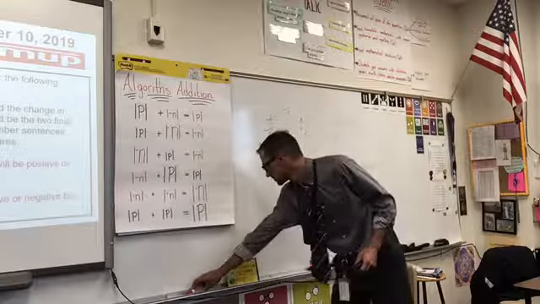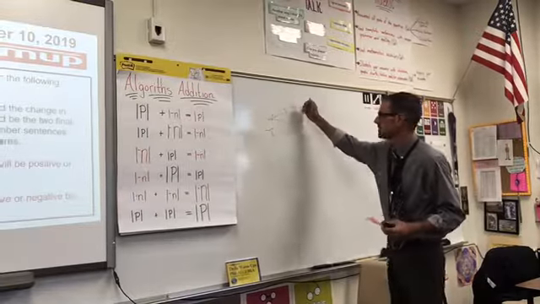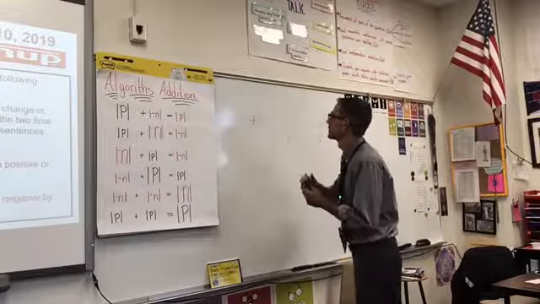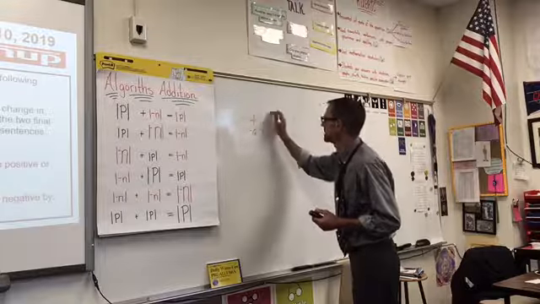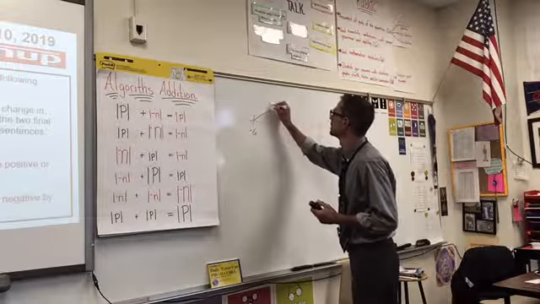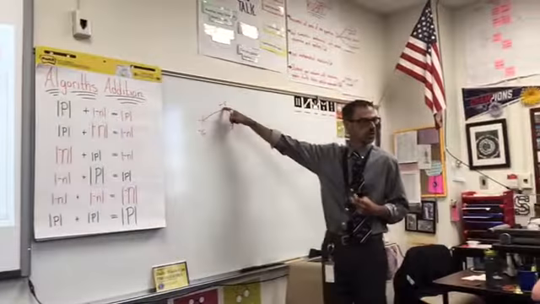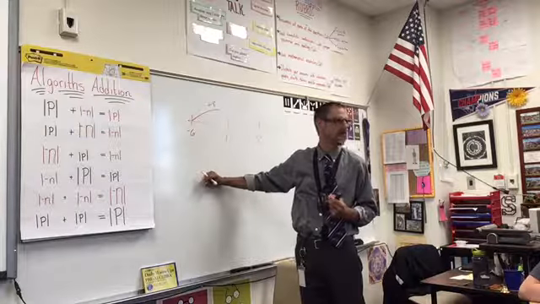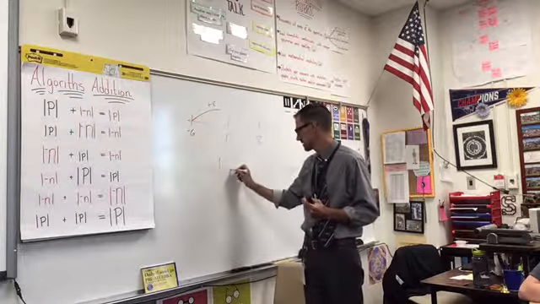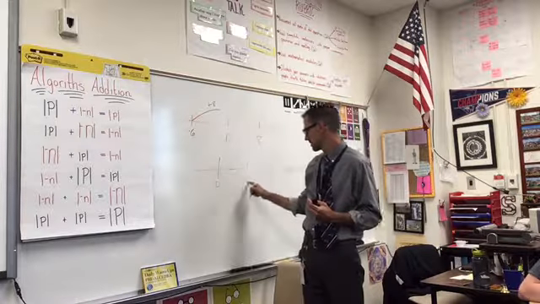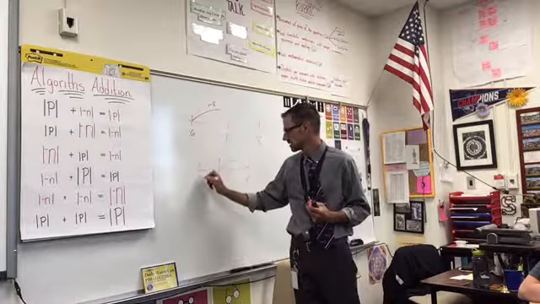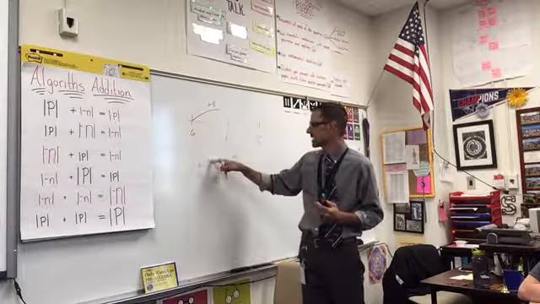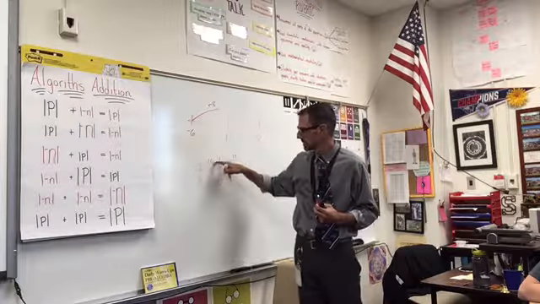So let's go to the number line. Let's say this is -6, and now I'm adding 8. Which one's further from 0? 8 or -6? 8 is further from 0. On the number line, if that's 0, this is 8 spaces. How many spaces is that? 6. So you can see 8 has a greater absolute value than 6.